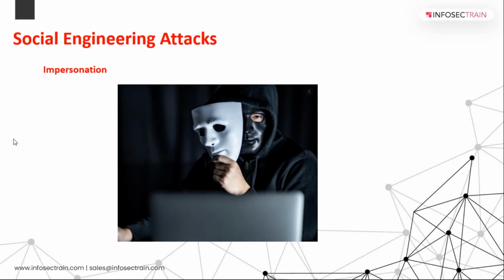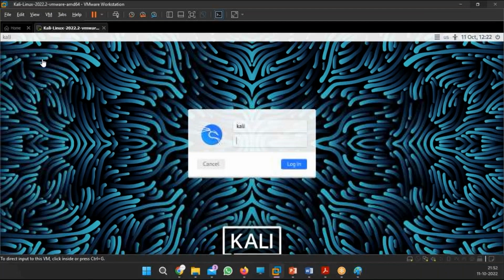Okay, so let's look into how you can perform a simple social engineering based attack with your Kali. So what I will be doing, I will simply be using one tool. The tool name is SE Toolkit, the Social Engineering Toolkit. With the help of that toolkit, I will try to create a malicious link.